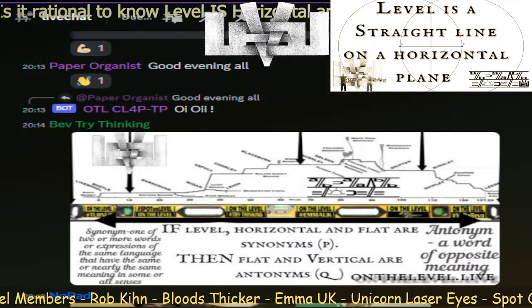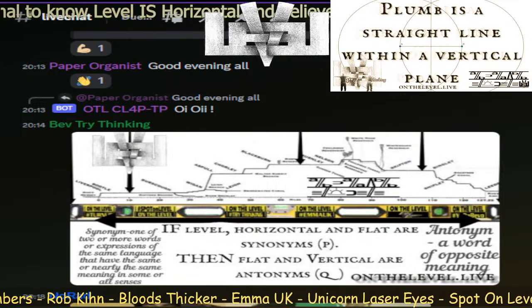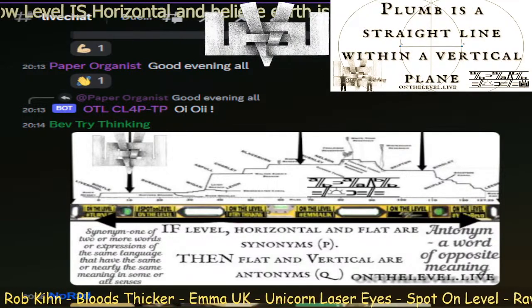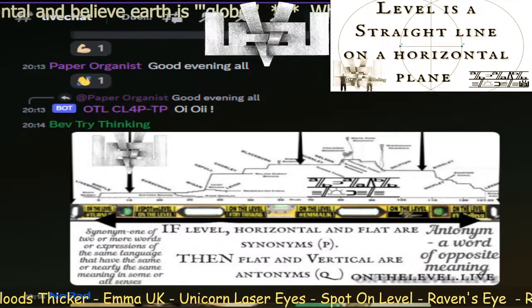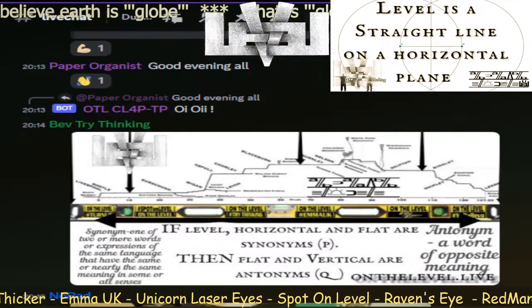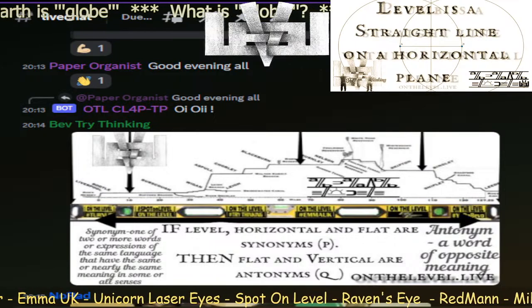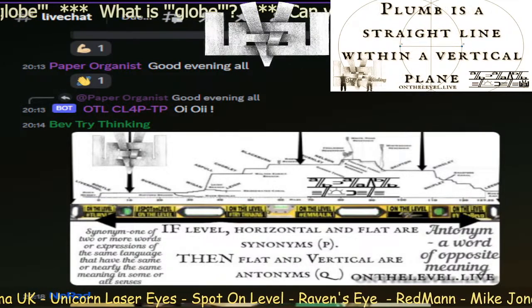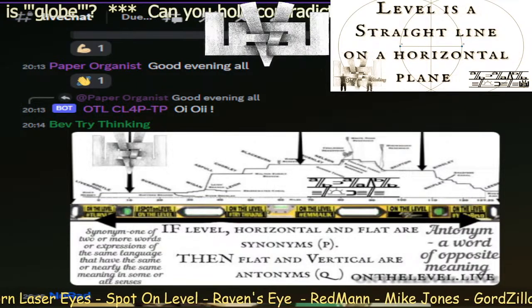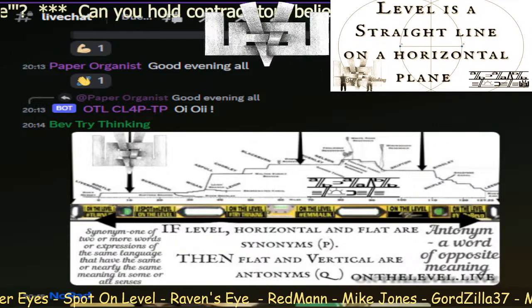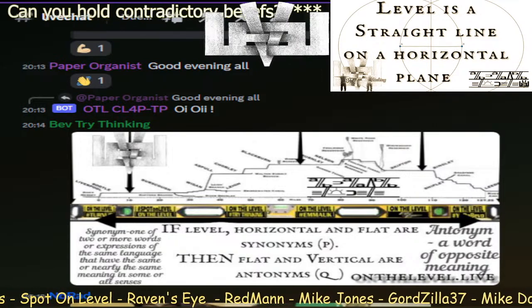We're not fighting for anything, Adam. We're just pointing out that the use of flat within argumentation will automatically give you a fail. You'll never win anything. You'll never be able to have a constructive conversation with anyone. Level is horizontal, yes.